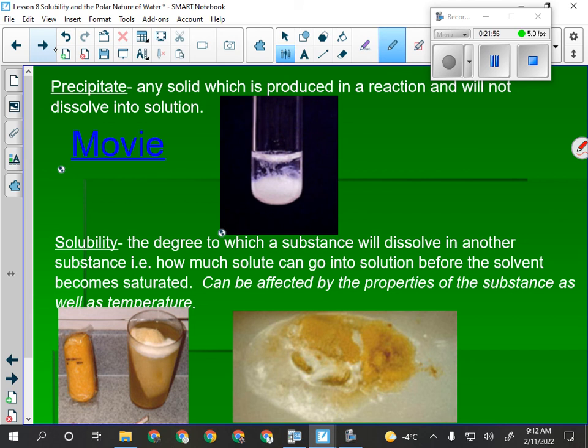That is a precipitate. And I'm going to show you what that looks like here in just a minute. Okay? It's called a precipitate because it falls out of the solution like precipitation falls out of the sky. That's what I mean. Precipitate means to fall out of, basically. Right? So I'll show you what that looks like.